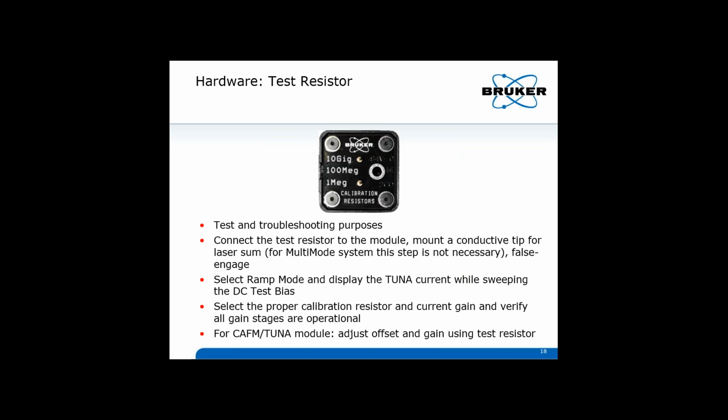Second, you need to select ramp mode and display the tuner current while sweeping the DC test bias. Then you need to select the probe calibration resistor and current gain and verify all gain stages are operational. For the CAFM and tuner module, to adjust the offset and gain, you need to do it manually.